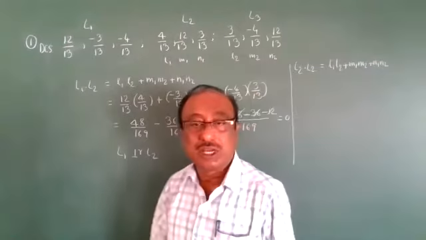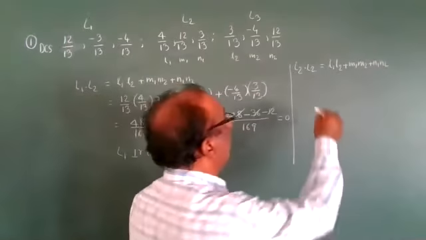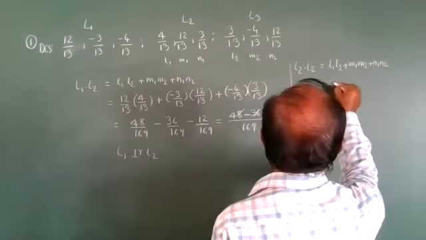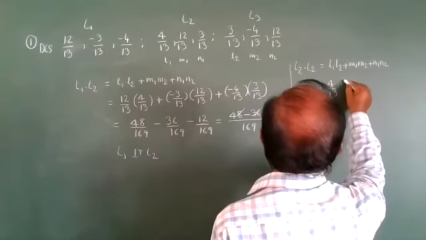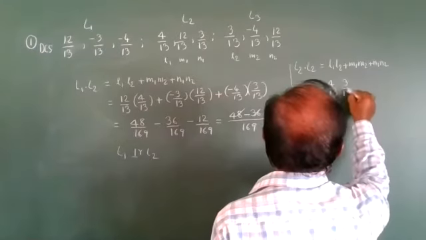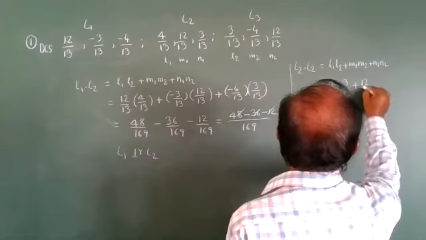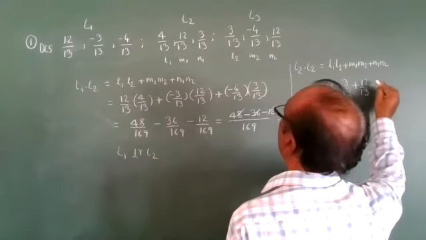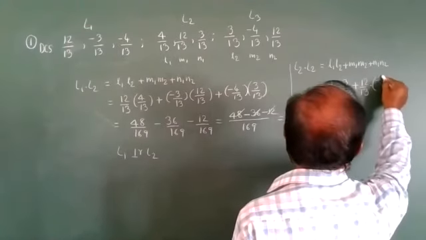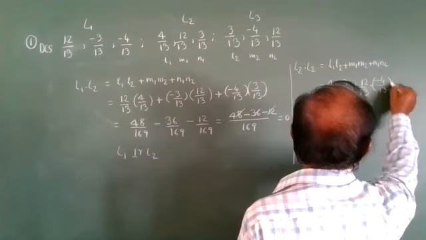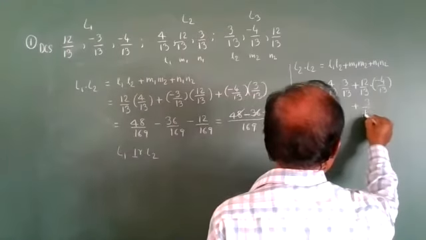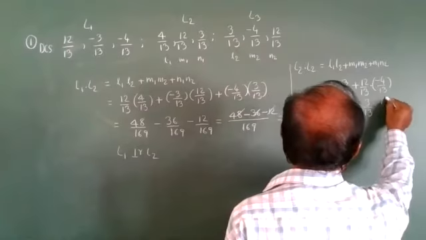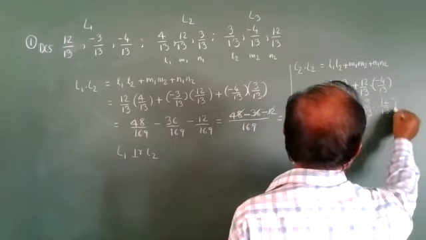The first value is 4 by 13 into 3 by 13, M values are 12 by 13 and minus 4 by 13, plus N values 3 by 13 and 12 by 13.